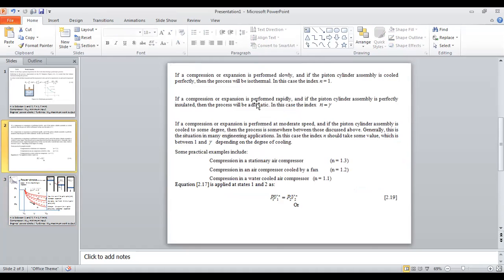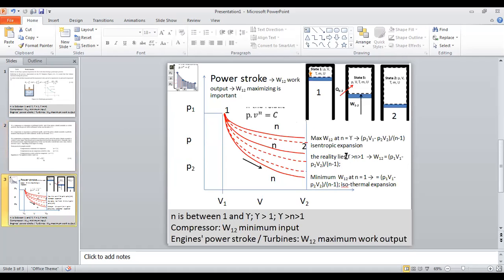But in compression and expansion, if it is performed rapidly, meaning the speed is higher, and of course friction is lesser, and if no heat goes out, no heat is lost, we call it adiabatic. Reversible adiabatic is not mentioned here, but isentropic means reversible adiabatic. So let me explain it later.